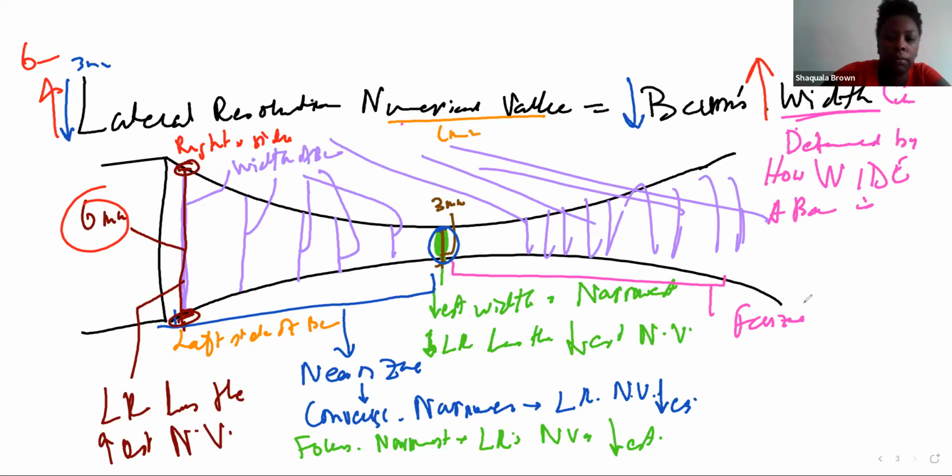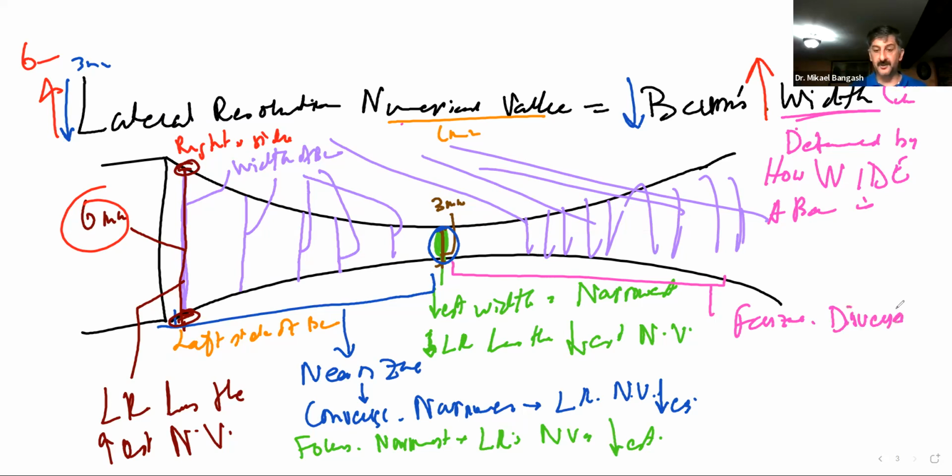It starts to widen, or it diverges, which mainly means it will increase in width, right? Which means that the farther and farther we go into the far zone, the larger the numerical value of the lateral resolution becomes.